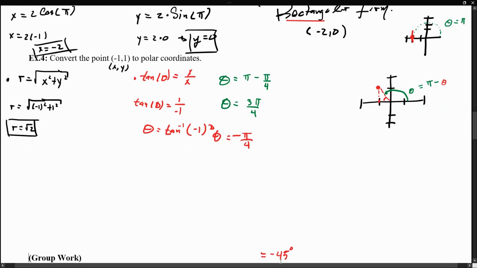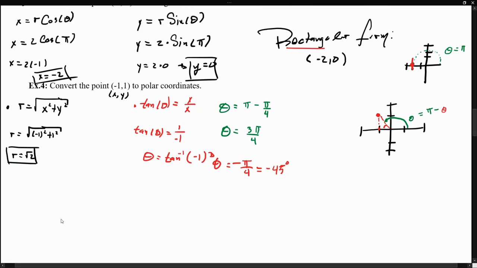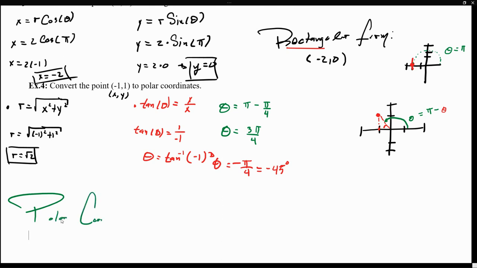Now, my polar coordinate has a value of r being the square root of 2 and theta being 3 pi over 4.